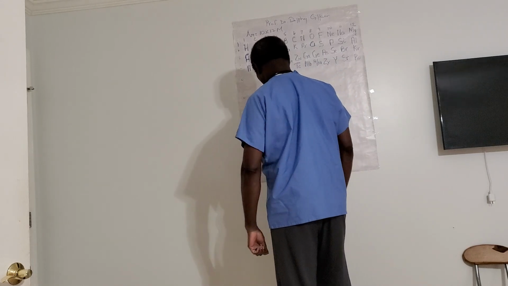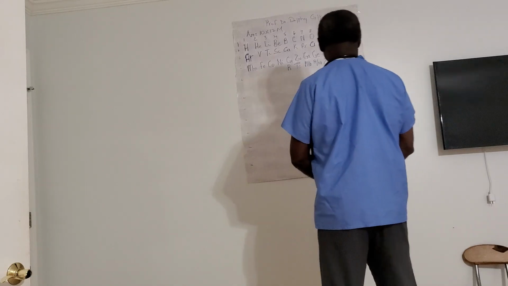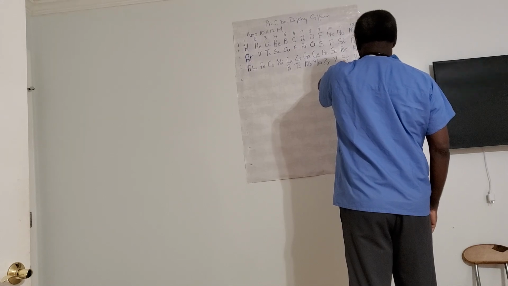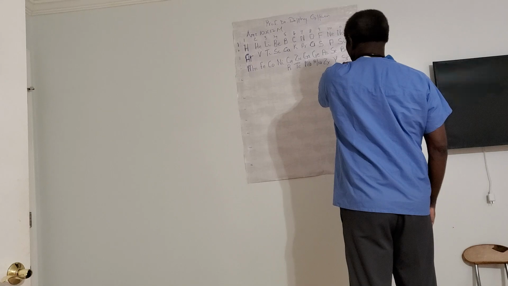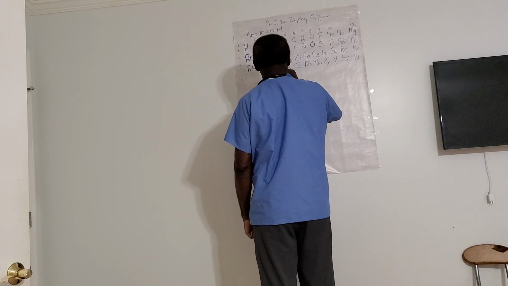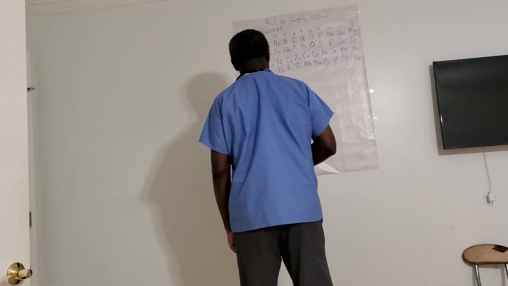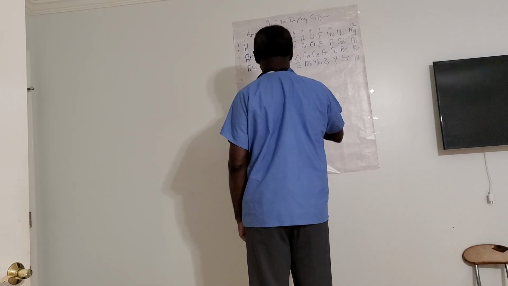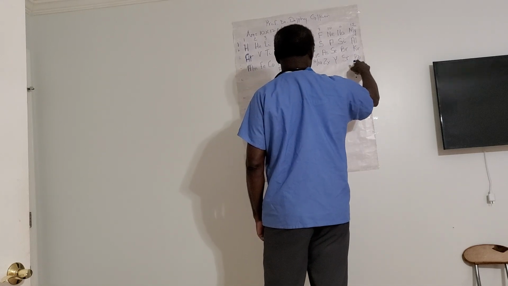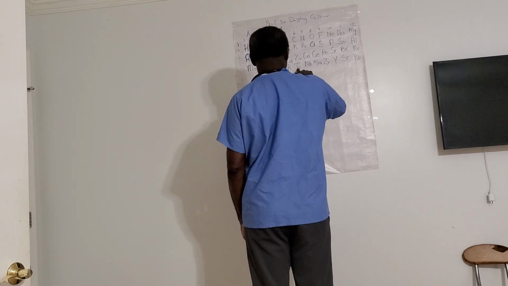44 ruthenium. One of them here is strontium and rubidium. This is ruthenium. One of them is probably Rb and one is Ru. We're going to confirm these. 38, 39, 40, 41, 42, 43, 44.